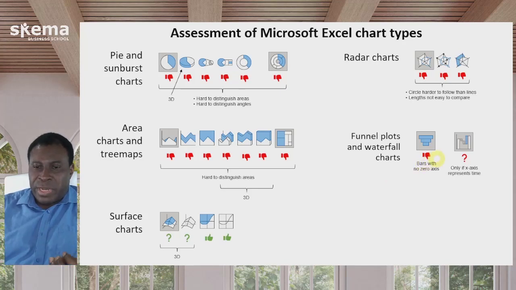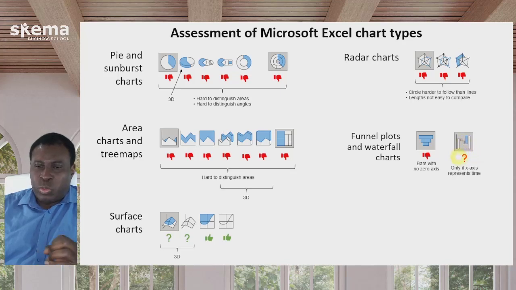A funnel plot is basically a horizontal bar plot with no zero axis. It looks impressive, but it actually obscures information. It adds nothing that a well-designed bar chart would not show. And waterfall charts are usually a bad idea. Again, they obscure information.